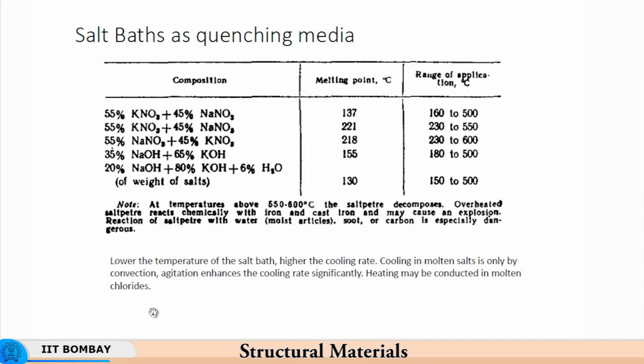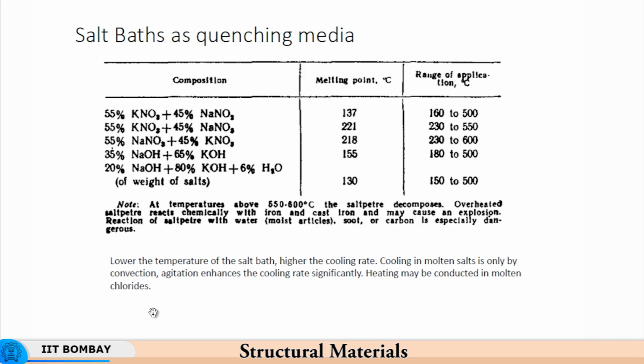So, we have heated the material to a certain temperature, and then you have used a particular composition of the bath which governs the melting point of the molten bath material. For example, you have 221 degrees centigrade as the melting point of this mixture.